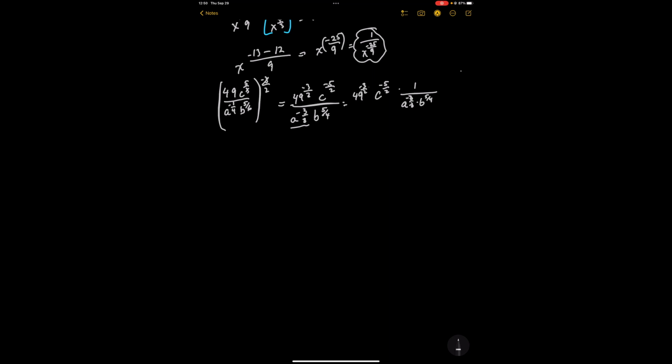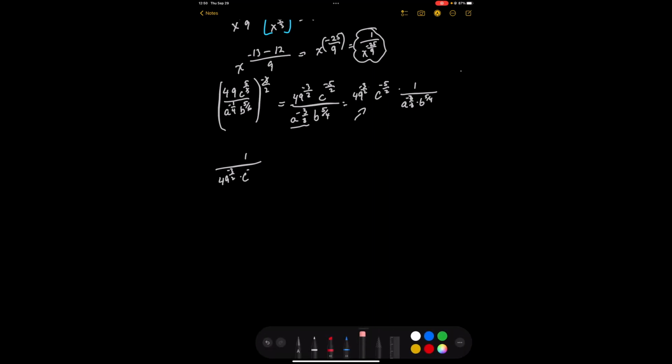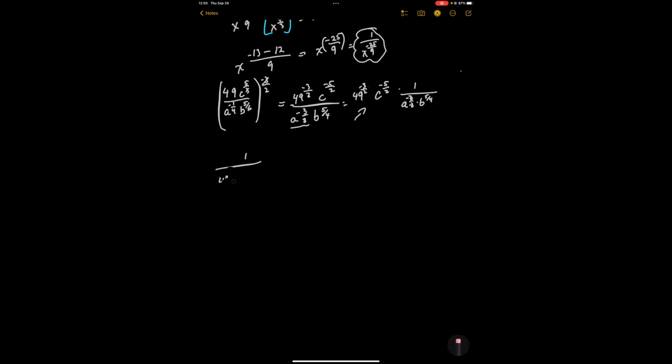I'm going to rewrite the top part. This part right here would be equal to 1 over 49 to the negative 3 halves times c. Nope, my bad, my bad, my bad. It's not negative 3 halves.